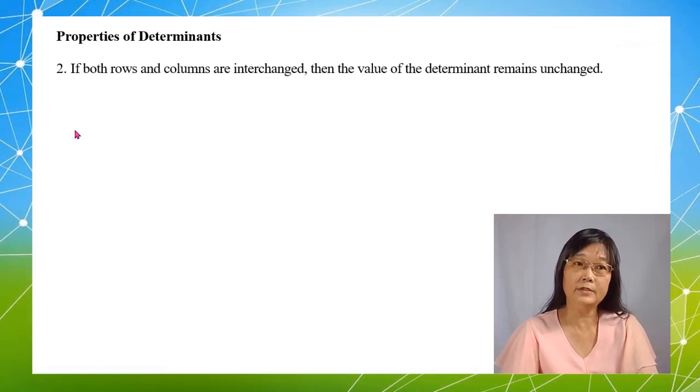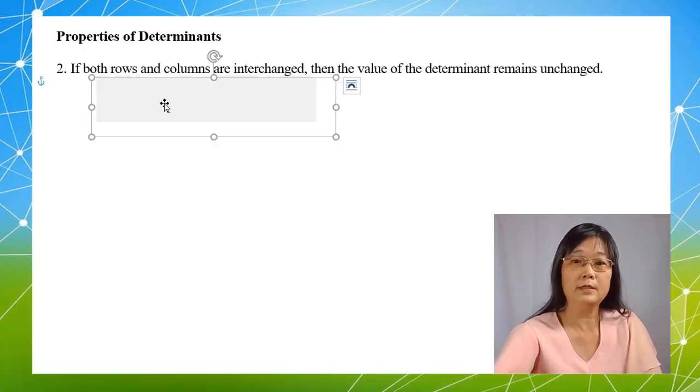Now, property number 2. If both rows and columns are interchanged, then the value of the determinant remains unchanged. In property 1, the interchange only involves any two rows or any two columns. But for property 2, the interchange involves all the rows or all the columns.